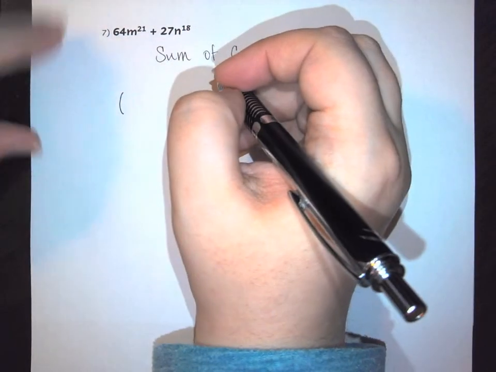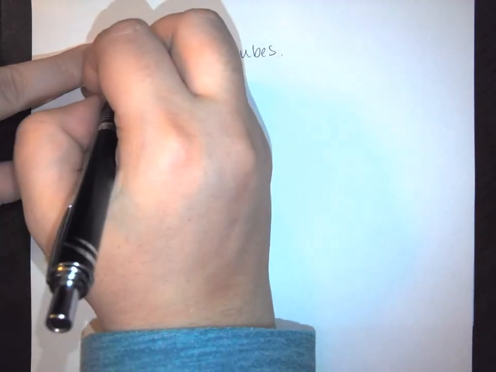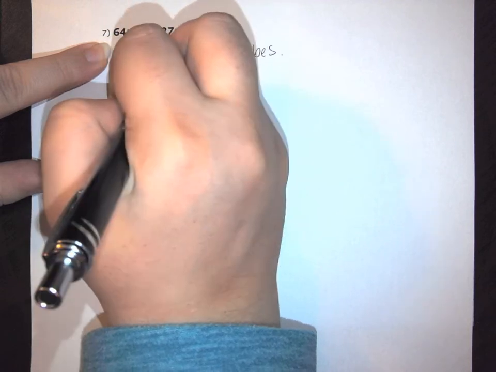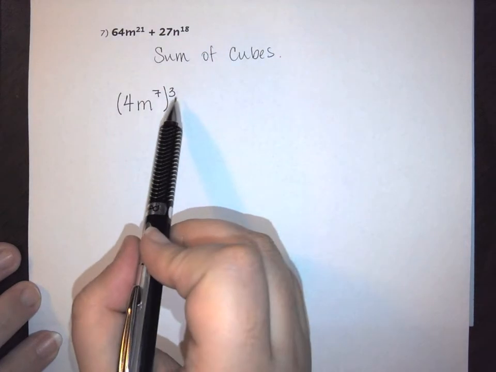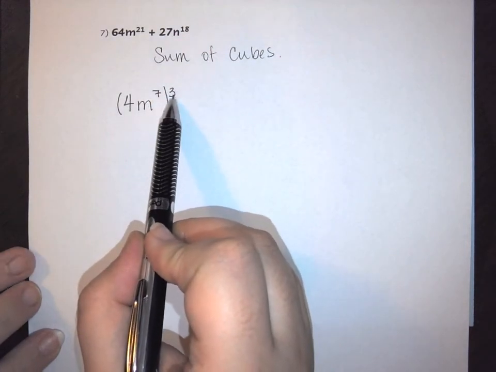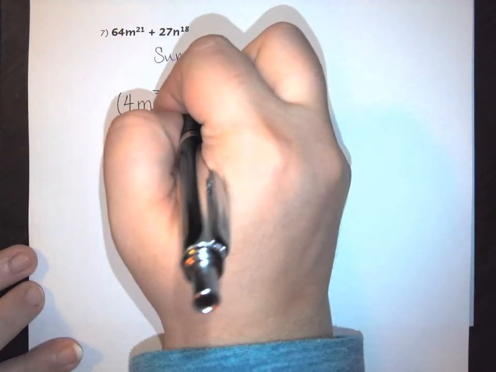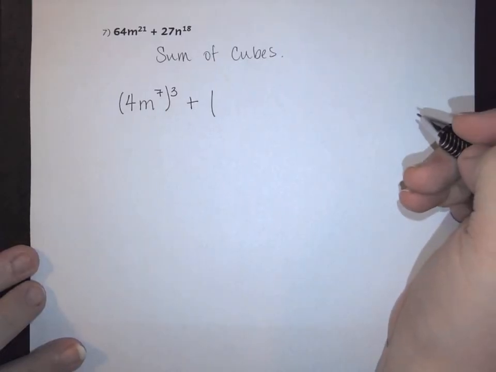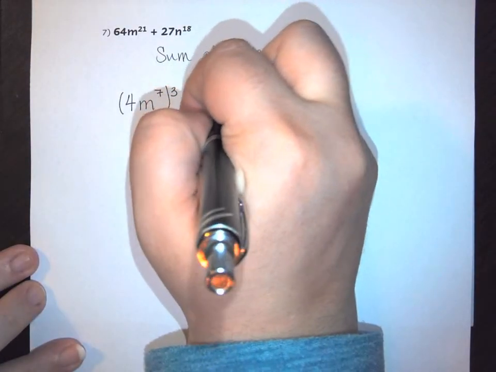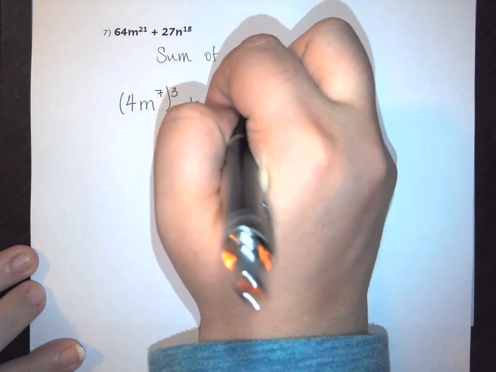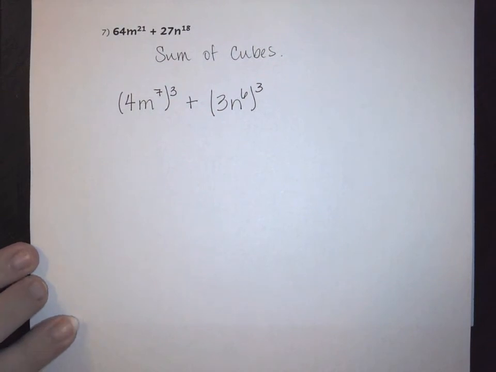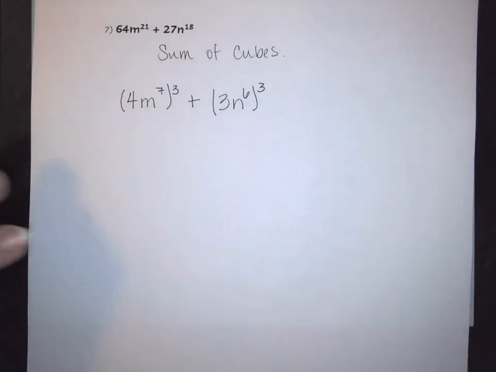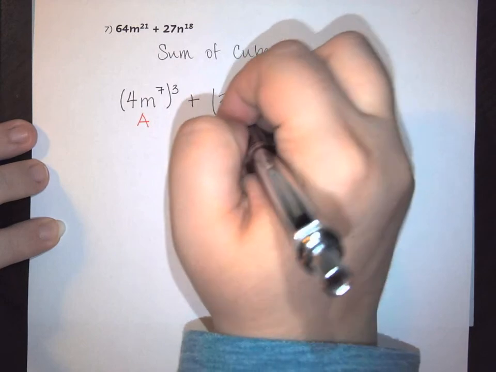So my 64 can be rewritten as 4 cubed, and then my m to the 21st is the same as m to the 7th cubed. Now the reason for that is because 7 times 3 is 21. Okay. Now we're adding these, so let's do the other one. 27 can reduce to 3 cubed, and then this becomes n to the 6th, and this is cubed. Now just like before, this is my A piece and this is my B piece.